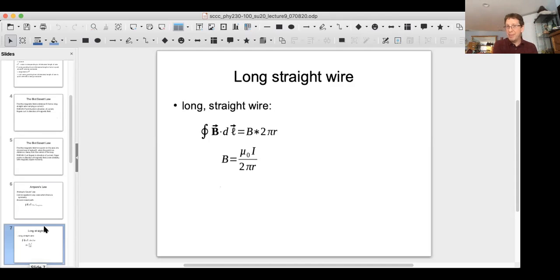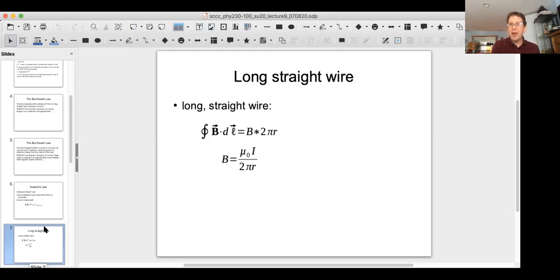And we also figured out that B was going to make a circle around the wire. And so the dot product of B dot dL in this case, because the magnitude of B is constant along that path, and B is always pointing in the same direction as dL, going in the circle, and you make dL a circular path.